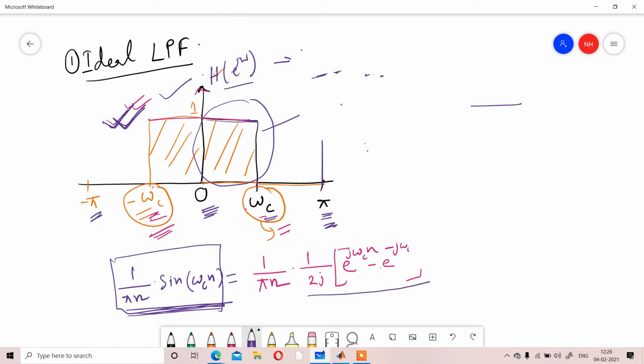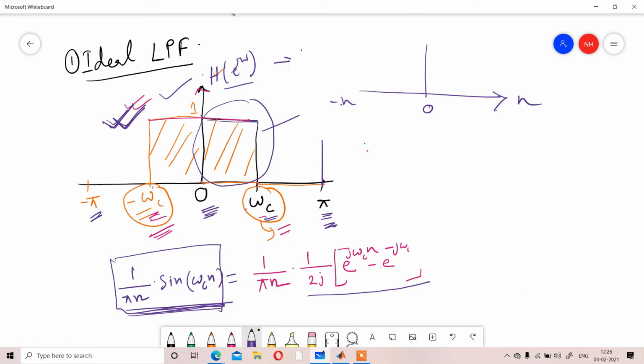This value 1 by pi n sin omega c n, is it causal, anti-causal, or non-causal? What should be the characteristics of that value? When will the system be causal?